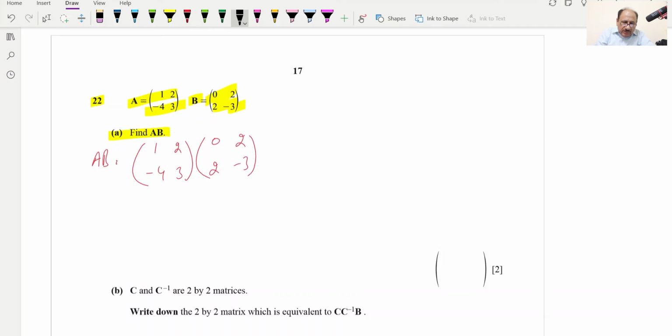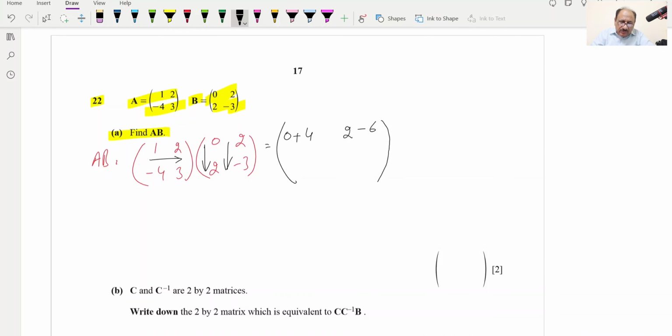So we will be multiplying first row, first column, and this will be our first term. So 1 multiplied by 0 will be 0, plus 2 multiplied by 2 will be 4, and this will be the first term. Then first row and second column. So 1 multiplied by 2 will be 2 and 2 multiplied by minus 3 will be minus 6.